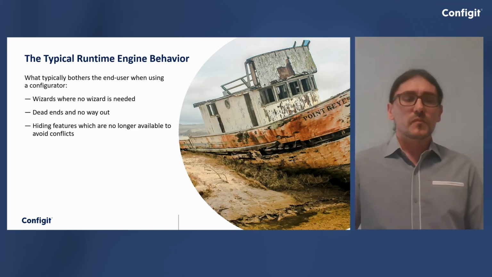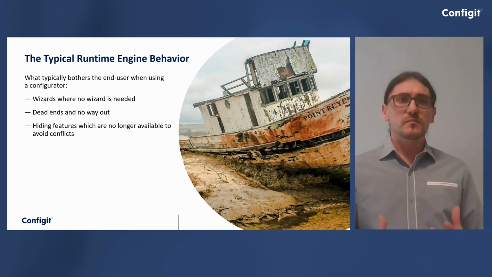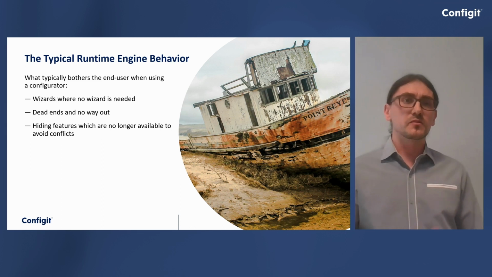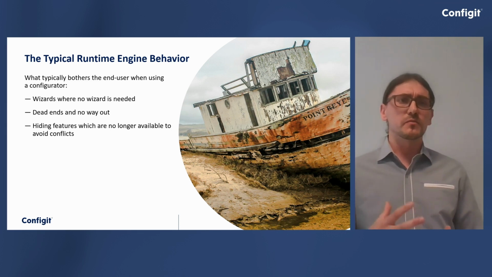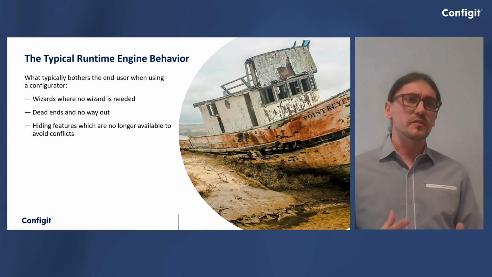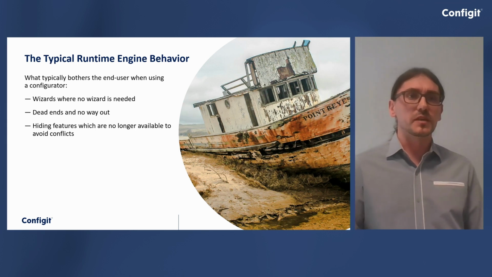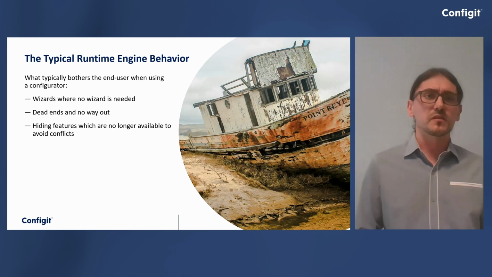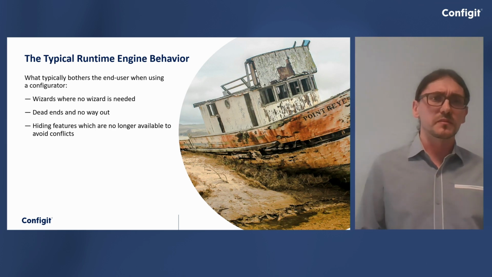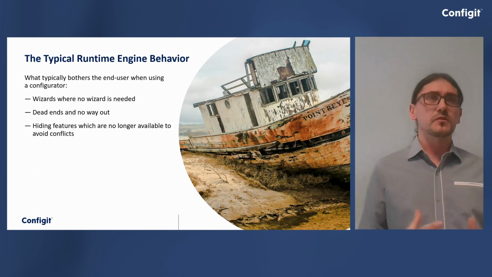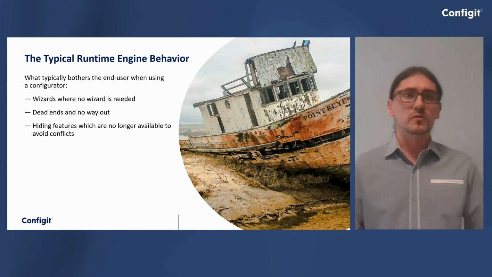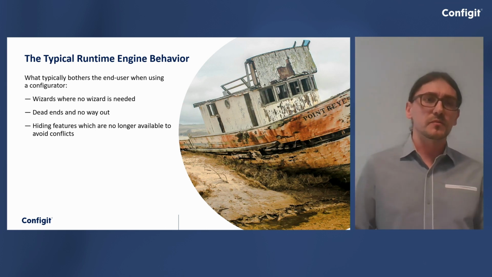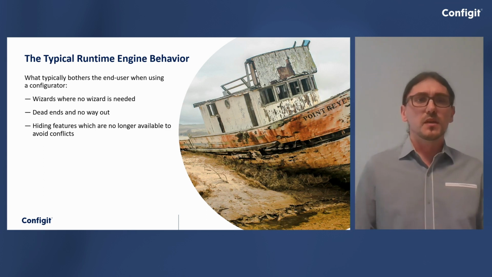So when we talk about a typical runtime engine behavior, there are typically some points which bother the user or which are a bit annoying. And the first point here is wizards where you don't need any kind of wizard. So when you force users to go in a certain order through configuration, that can be sometimes quite annoying when you have to go through it.